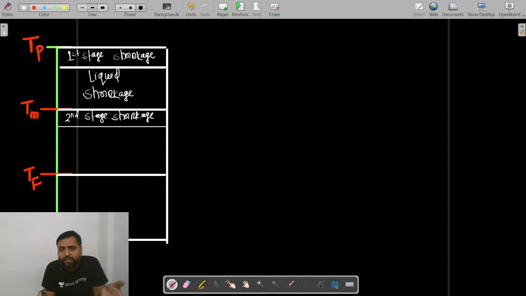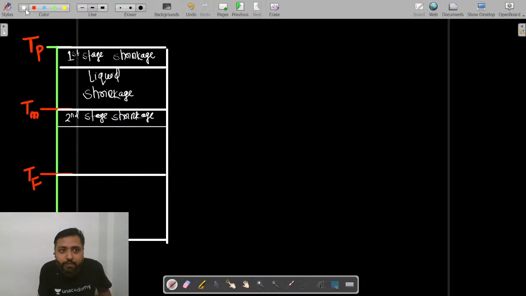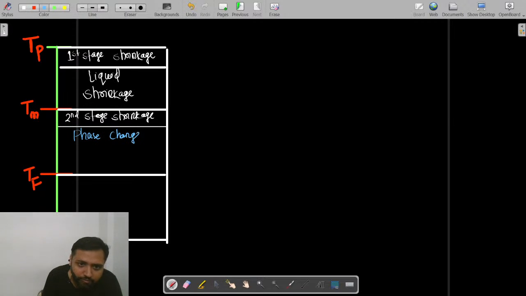When the temperature is falling from melting to freezing, the liquid phase is changing into the solid phase, during which there is a volume reduction. That reduction is a shrinkage named phase change shrinkage.